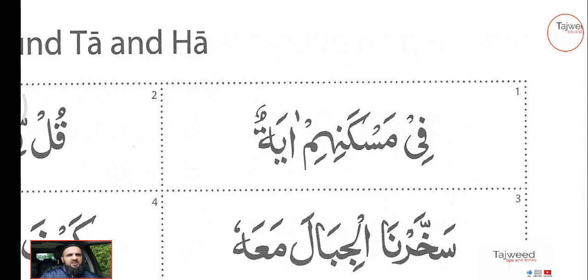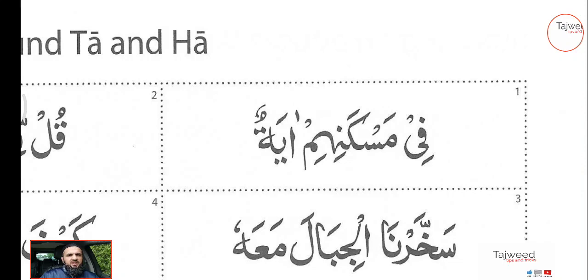The next stage is to remove the double dhamma, the dhammatain, the two symbols on top of the ta, and replace the harakas with a sukoon.